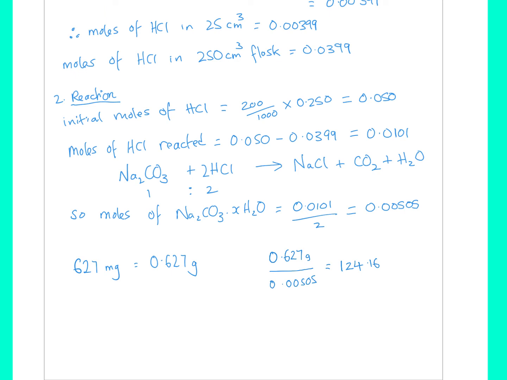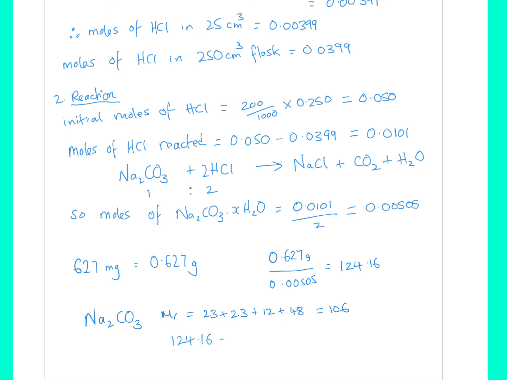124.16. Now we know that this 124.16 is coming from Na2CO3·xH2O. So we know that one chunk of it is coming from Na2CO3, and the MR of that is going to be 2 lots of 23 plus 12 plus 3 lots of 16, which is 48. So that all adds up to 106. So of the 124.16, I know 106 of it is down to sodium carbonate.